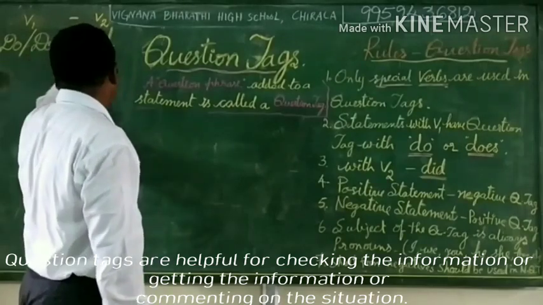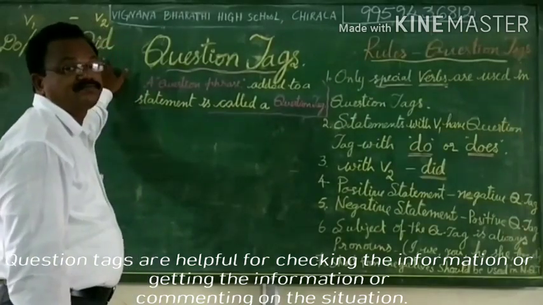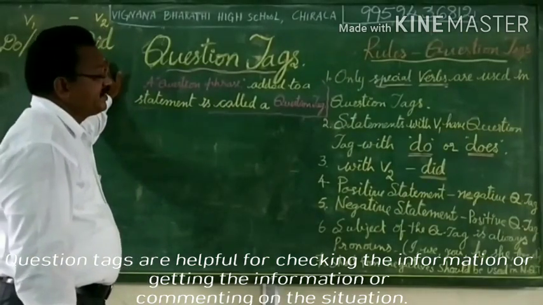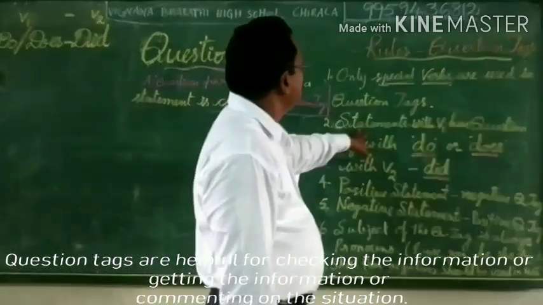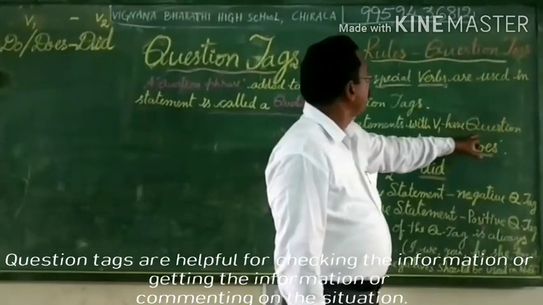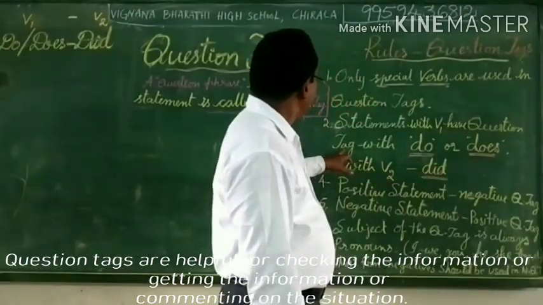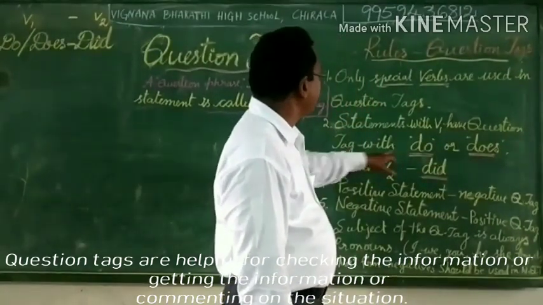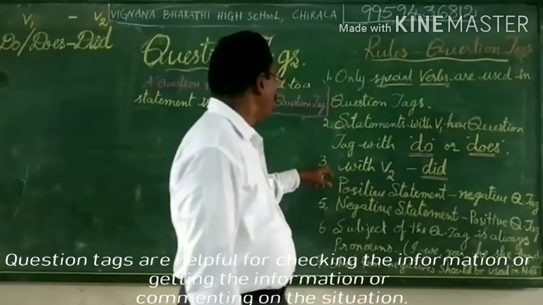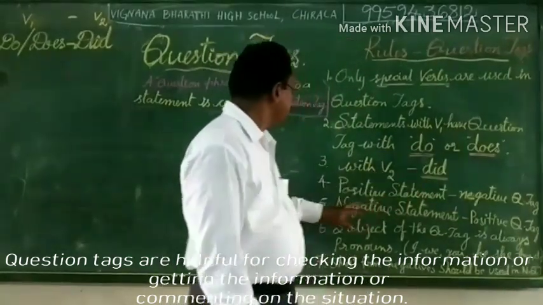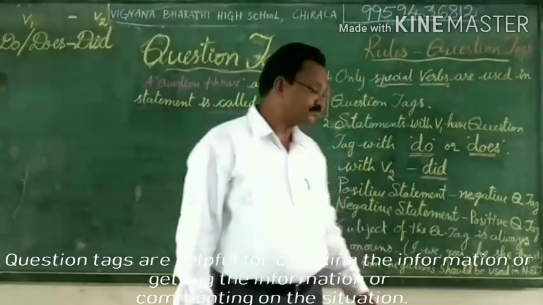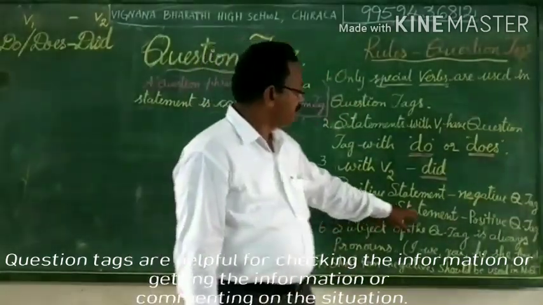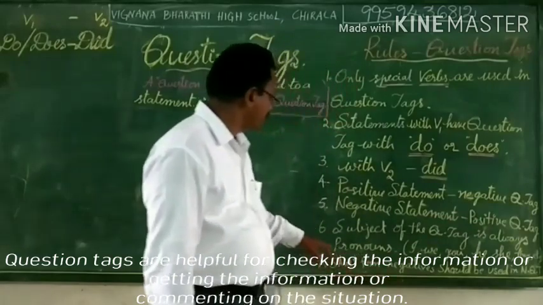Statements with verb 1 have question tag do or does, and with verb 2, did. Now, positive statement gets negative question tag. Negative statement gets positive question tag.